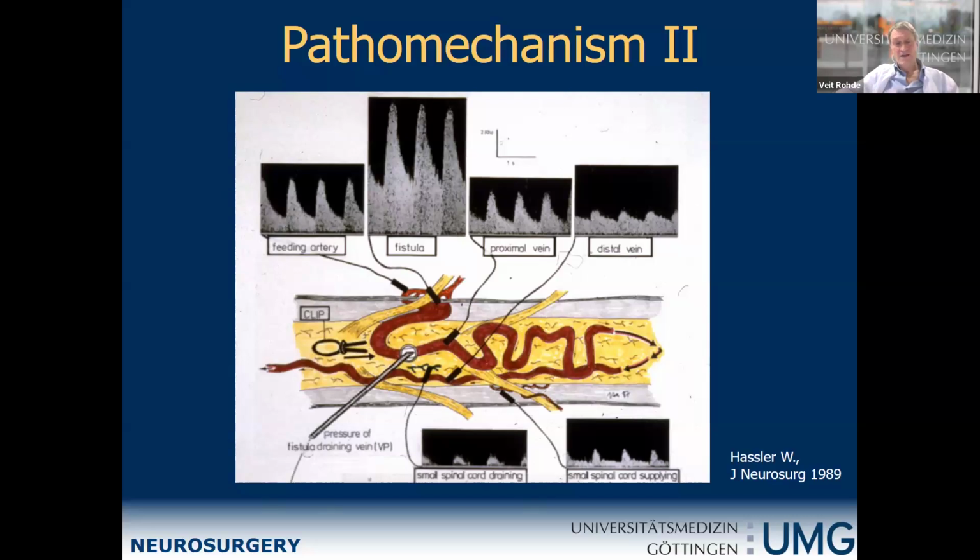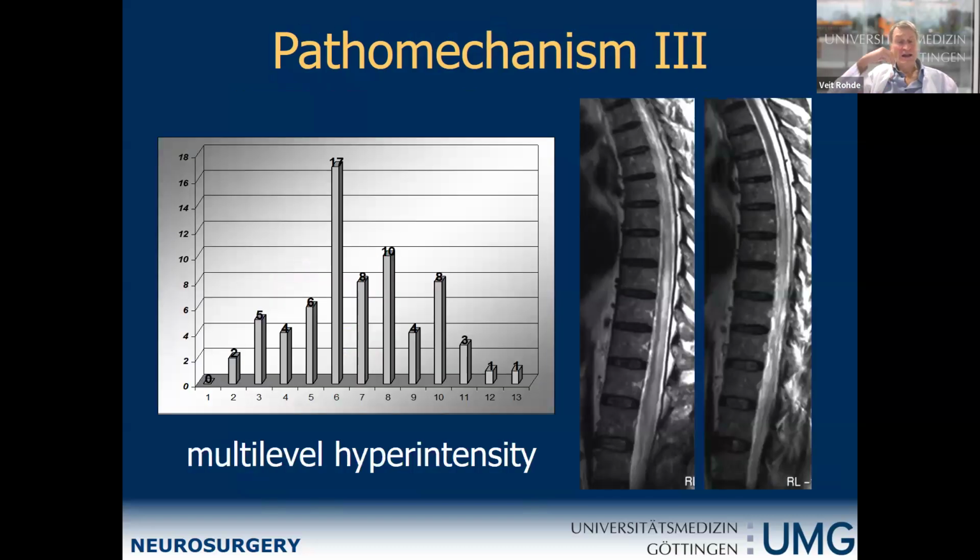And you can see that the connection between the radiculomeningeal artery and the vein means that you have an arterialized vein, a high pressure in the vein, and this is leading to the typical symptoms of the dural AV fistula, which is related to an edema or a venous congestion in the spinal cord, as you can see it on the T2 images.